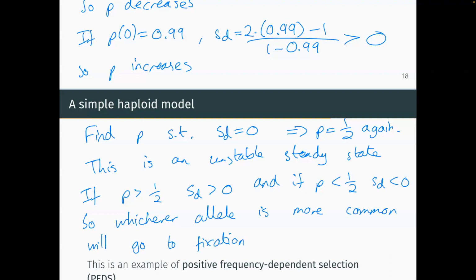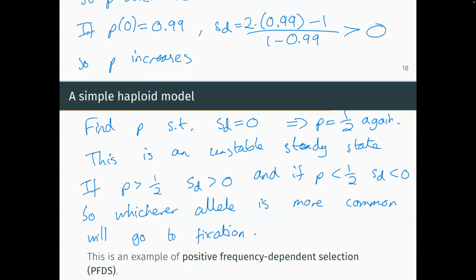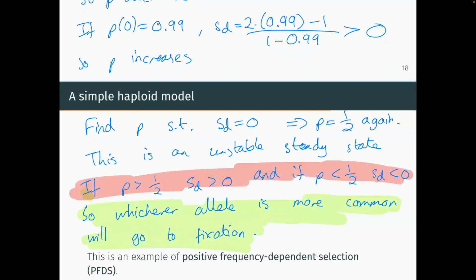Fixation, remember, just being that allele representing 100% of individuals in the population, frequency of 100%. Again, this is kind of that biological answer here, as opposed to a more mathematical answer above.